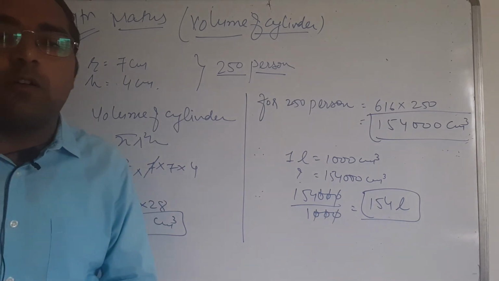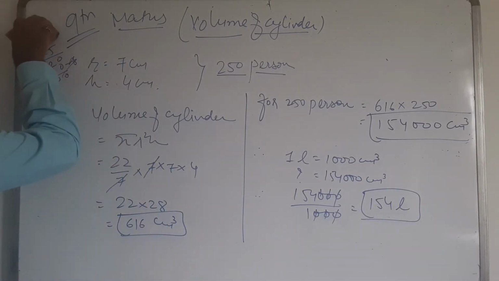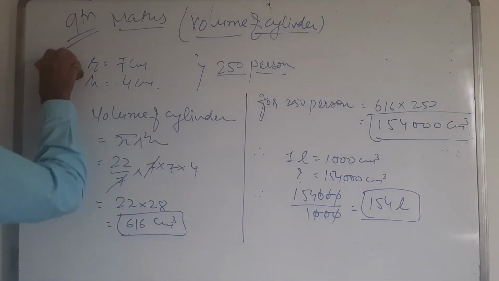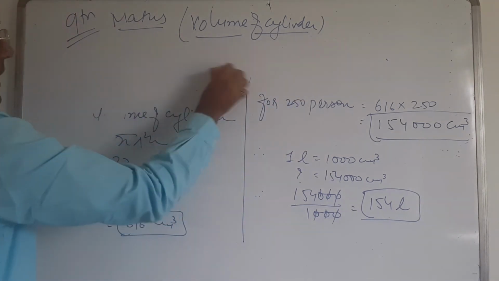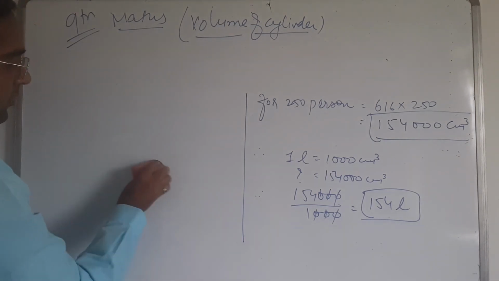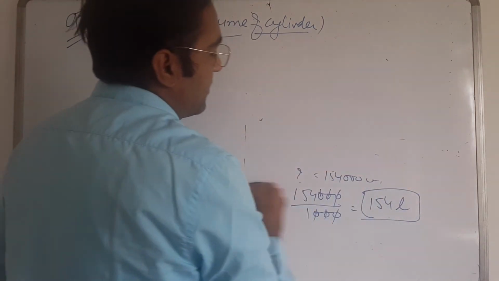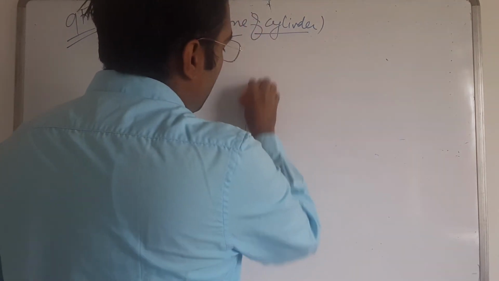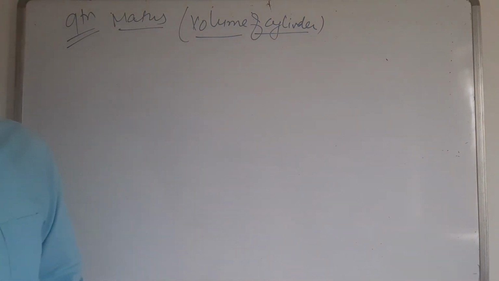Now we have to move on to the last question, and take it as fast as possible because we don't have more time. My last question is that volume and surface area both are given.